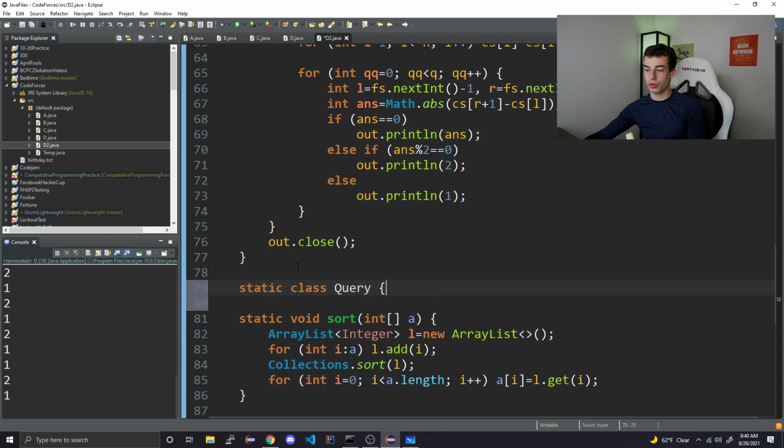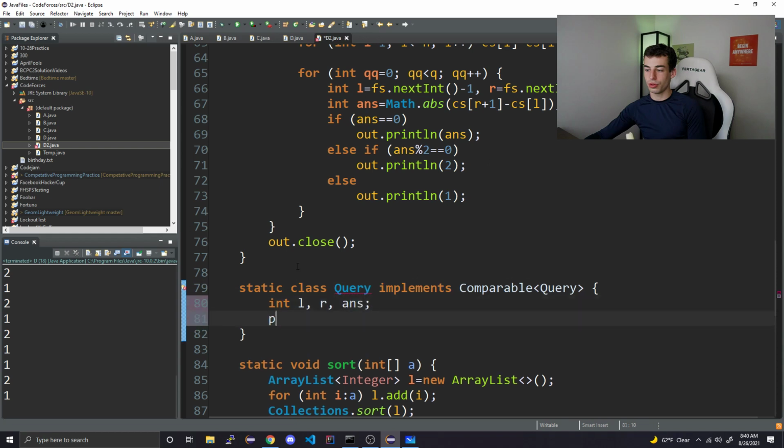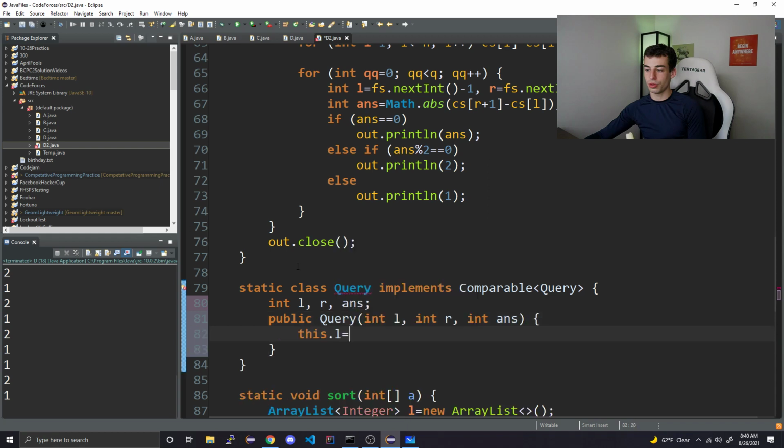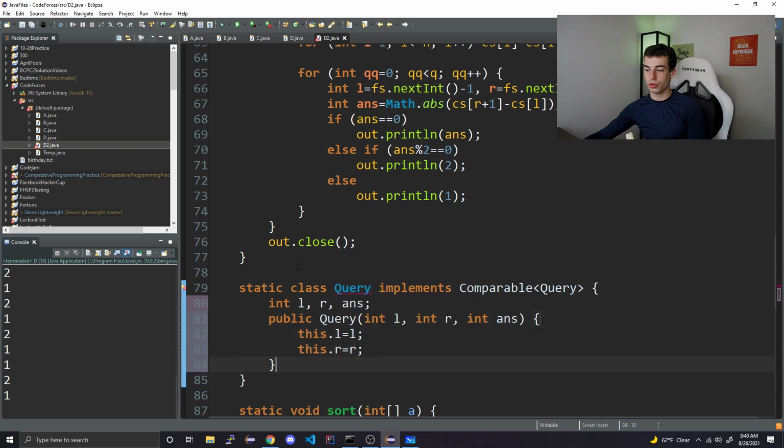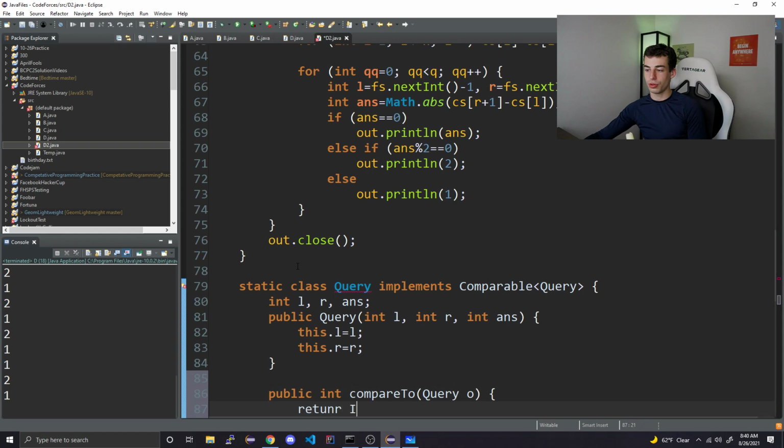Static class Query implements Comparable Query. It has L, R, ans: public Query(int L, int R, int ans), this.L equals L, this.R equals R. Then public int compareTo(Query o): return Integer.compare(L, o.L). All right, so we have this.